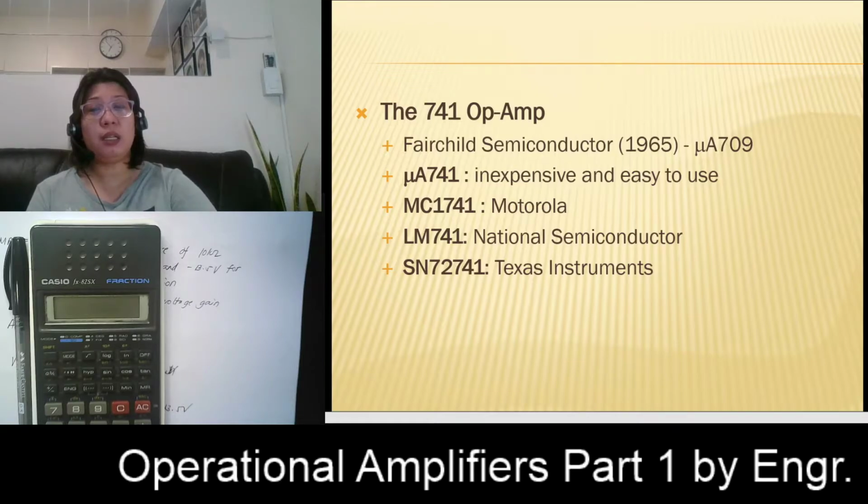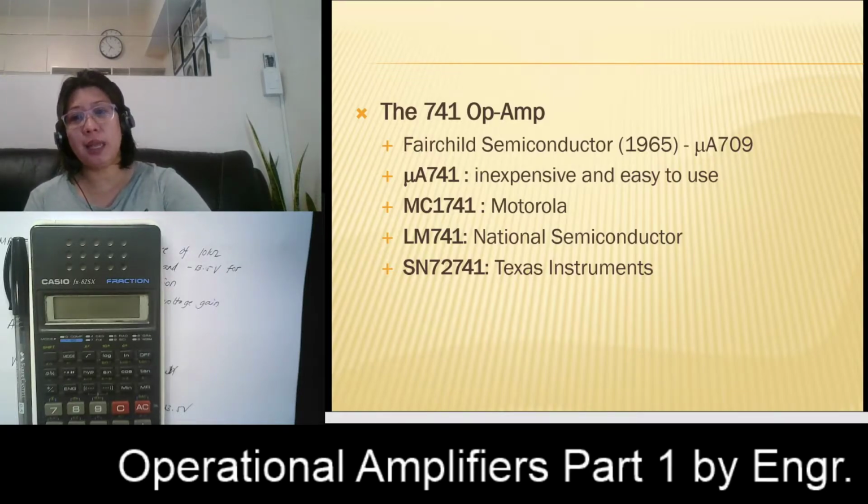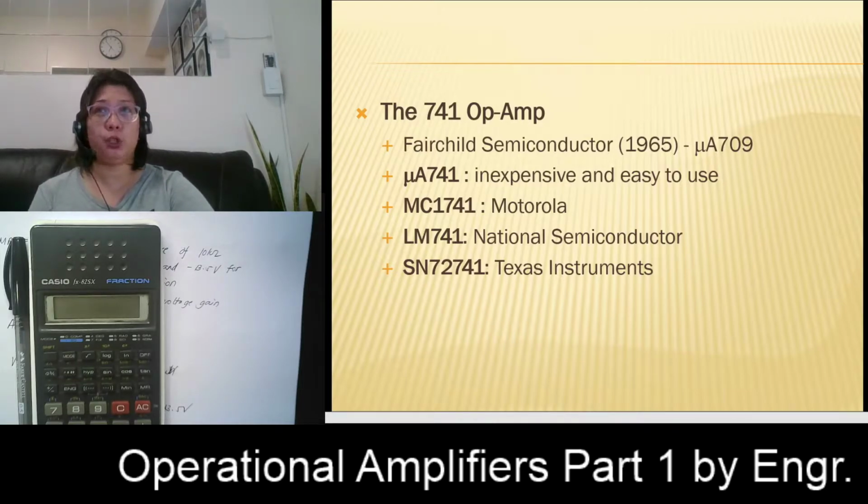The first letters in their name specify their manufacturers. LM741 was manufactured by National Semiconductor, and SN72741 is from Texas Instruments. Actually, these 741 op amps have the same specifications on their datasheets.